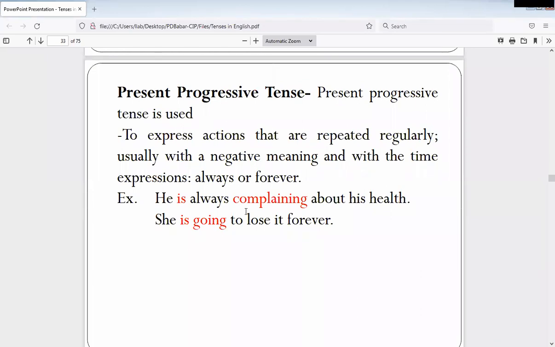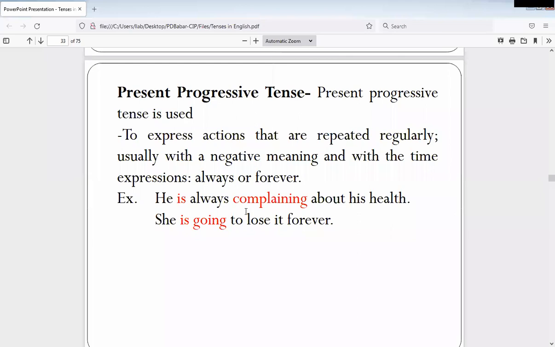So the actions are repeated regularly, usually with a negative meaning, and with expressions like always or forever, the present progressive tense is used.